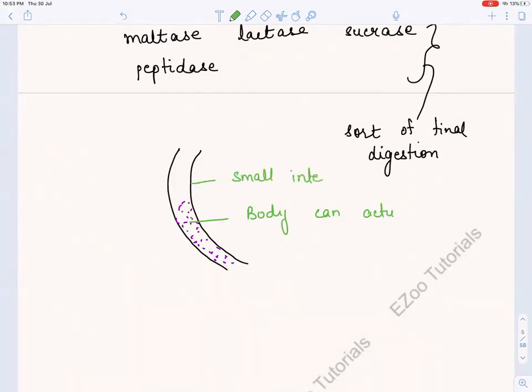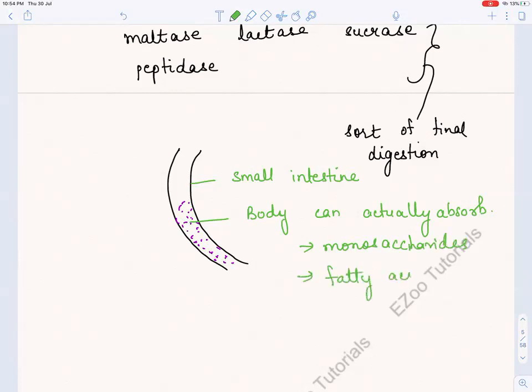So what happens in the small intestine? That food becomes molecules which the body can actually absorb, right? Like what? Like monosaccharides, fatty acids, glycerol, okay, amino acids.